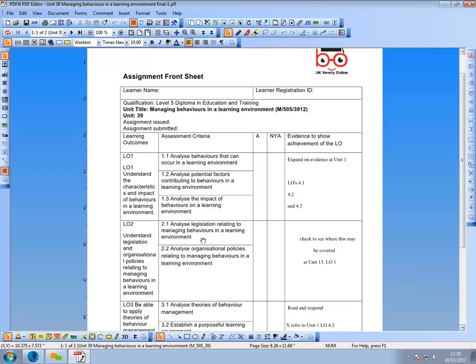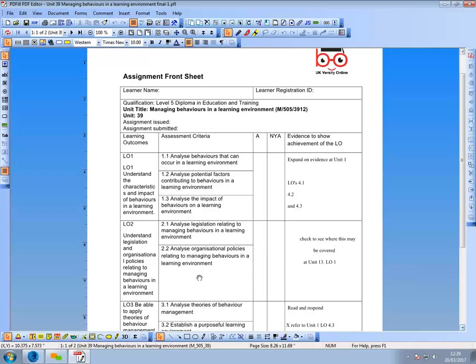For this morning, we're going to look at this afternoon. No, sorry about that. You need to analyse organisational policies relating to managing behaviours in the learning environment. Well, this is part of the same thing, because that's looking at legislation only. This is looking at organisational policies.